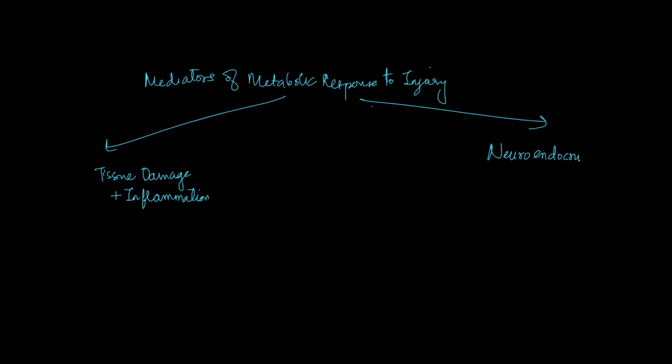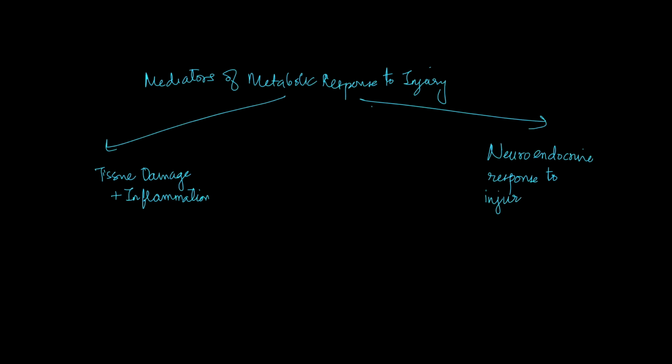Now we shall take a look at the mediators of this metabolic response to injury. We need to understand two mediators. One is the tissue damage and inflammation. And secondly, we have the neuroendocrine response to injury.